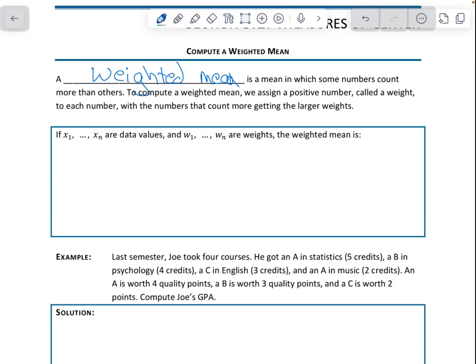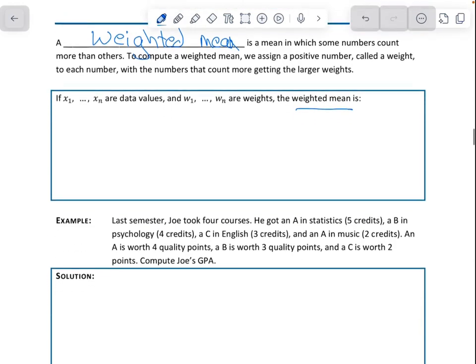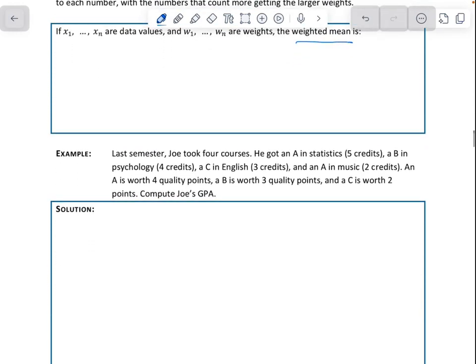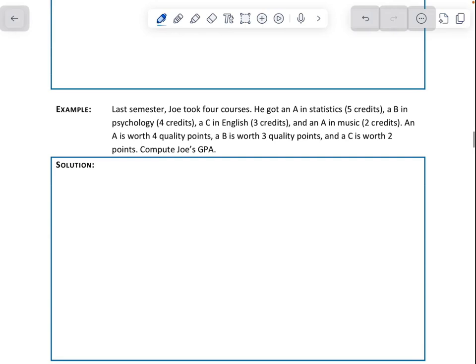But at a lot of schools, certain values are weighted differently. Certain classes are weighted differently. In college, you have classes that are 3-hour credit, 4-hour credit, 5-hour credits. And your grade is weighted based on the number of credits. So let's look at, and I know I'm kind of skipping the formula, but I think it works better to just look at an example.